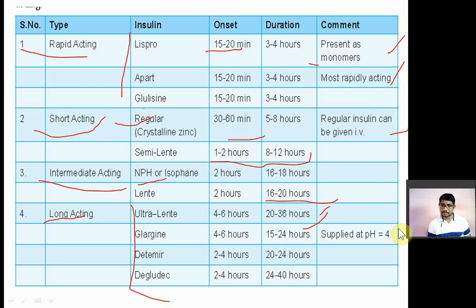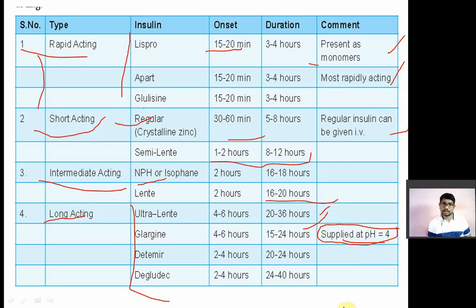And remember, glargine is the only insulin preparation which is supplied at a pH of 4. The rest of all insulin preparations are supplied at a pH of 7.2 to 7.4, that means a neutral pH. Only glargine is supplied at pH 4. A question comes on this also.